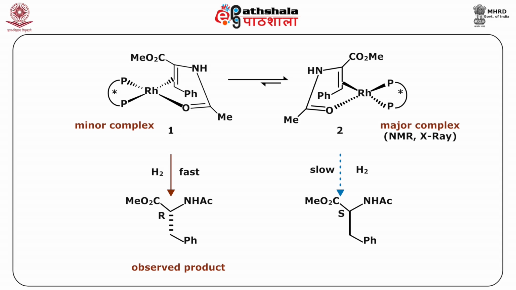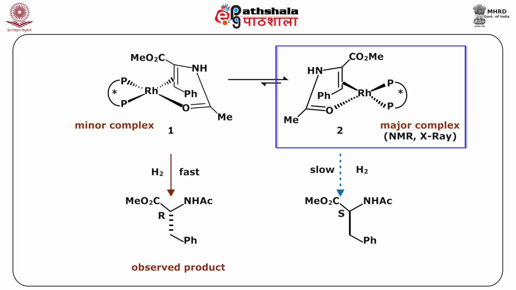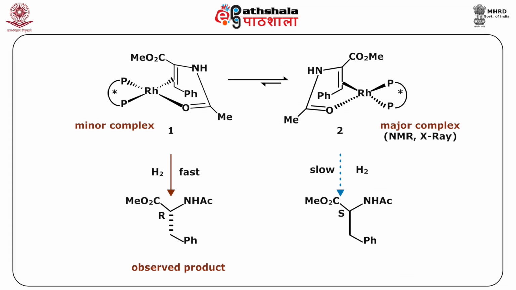Also, the observed enantiomer is obtained from the minor complex and the major complex. In the absence of the hydrogen, complex 2 is observed as the only diastereomer for the catalyst substrate complex. Further, the enantiomer selectivity depends strongly on the pressure of the hydrogen, and at high pressures of hydrogen it degrades rapidly.